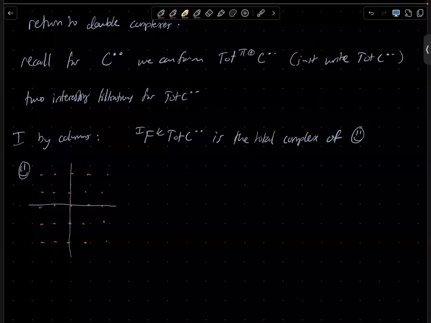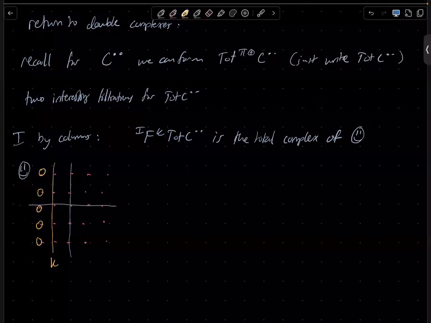But I'm going to filter by column. So I have this K here, maybe K is over here, the P equals K column. And what I'll do is to the left, I'm going to set everything to 0.